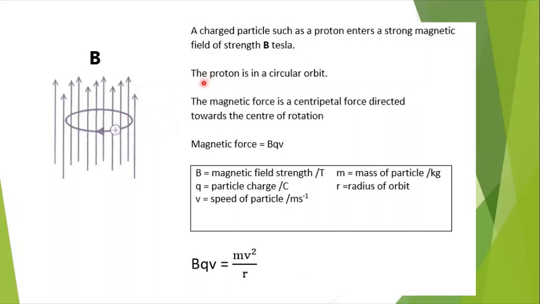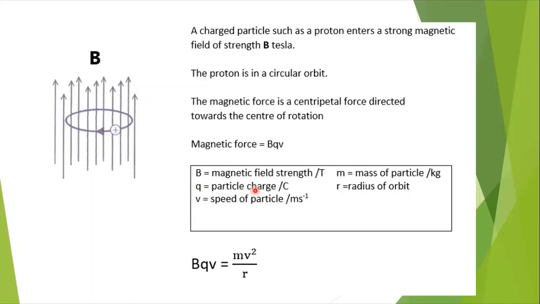Oh, circular orbit. Is there a centripetal force acting? Yes, there is. It's directed towards the center of the rotation. And what you will learn is that the magnetic force is BQV, or BeV. B is the magnetic field strength. Q is the charge on the particle.